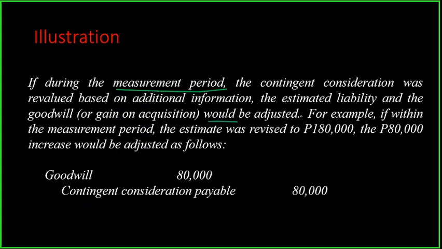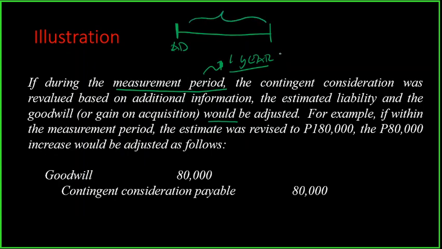Before we go there, let's talk about your measurement period. Normally, this is 1 year, in practice, within 1 year from the date of acquisition. You determine the acquisition date, you add 1 year, this is now your measurement date.